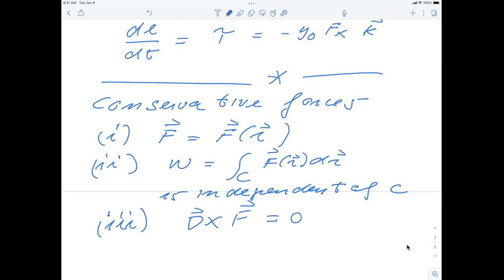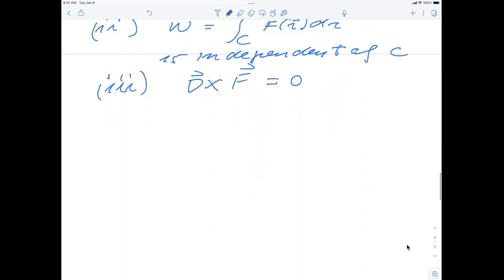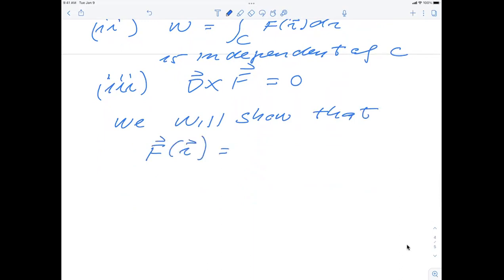Now, one of the things we are going to show now is the following. If somebody gives you the potential energy, what we are going to show is that F of R is given by the negative gradient of the potential energy.